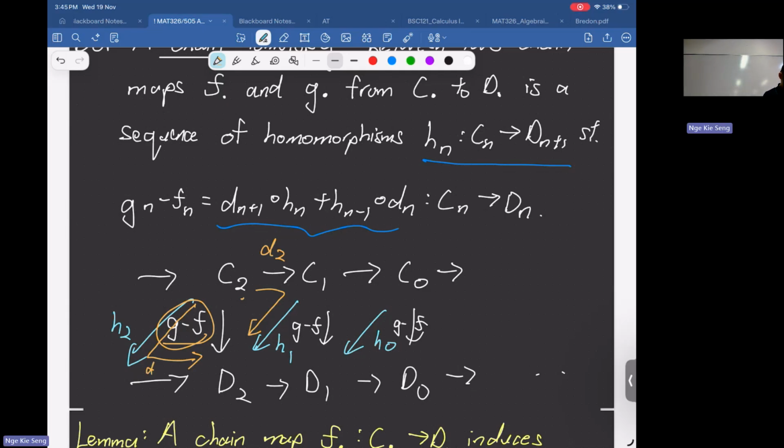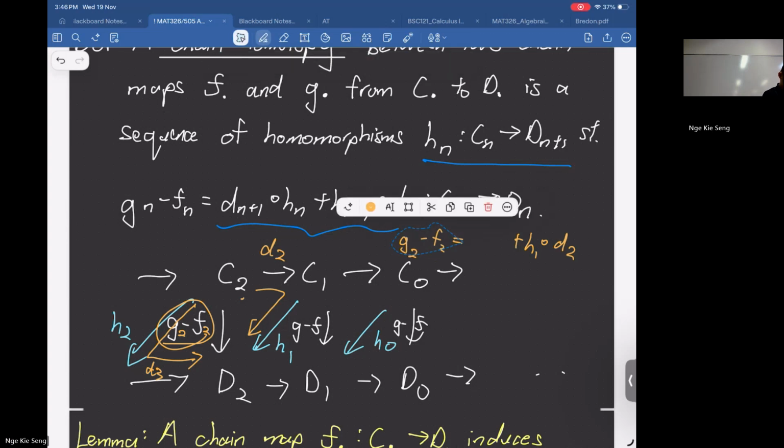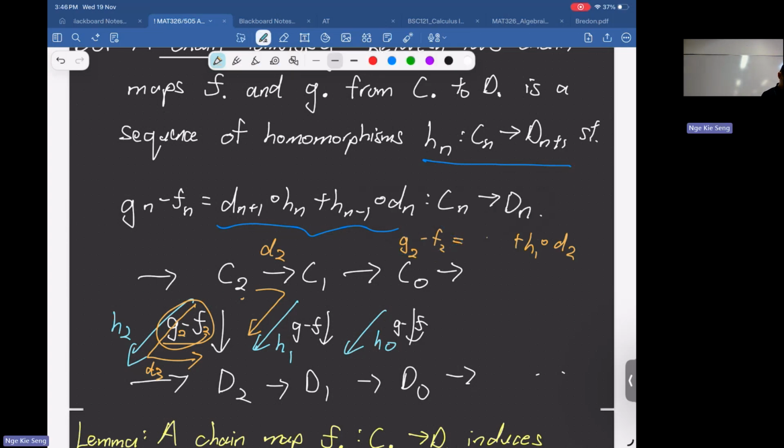Correct? Okay, so for example, in this case G2 minus F2 is equal to D2 on H1 plus H2, and then apply addition.